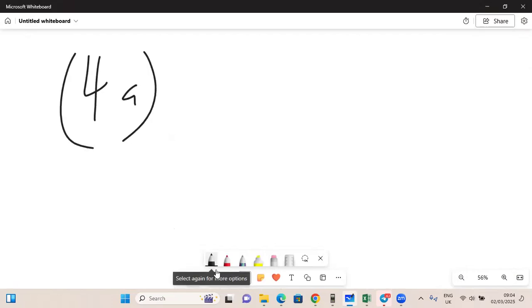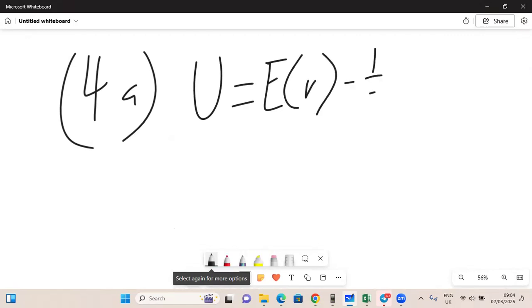Where the individual term? Remember, U is equal to ER minus 1 over 2 A standard deviation squared, right? The individual term means U is equal to utility.